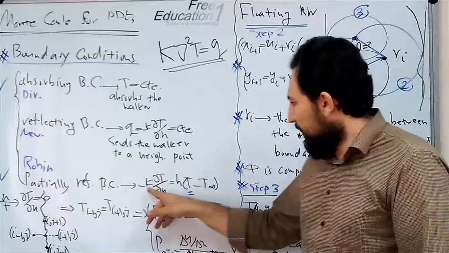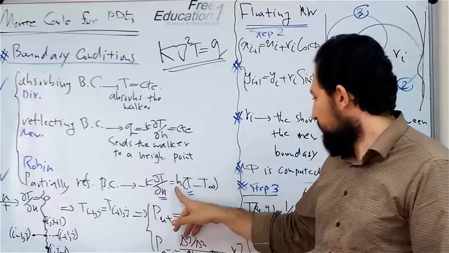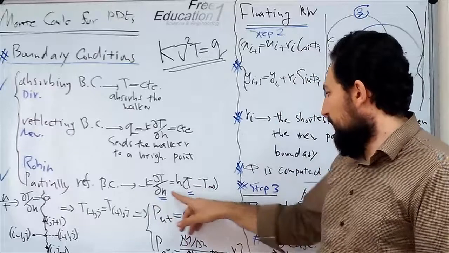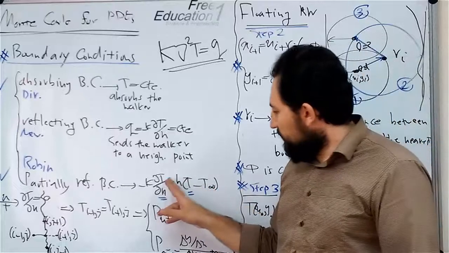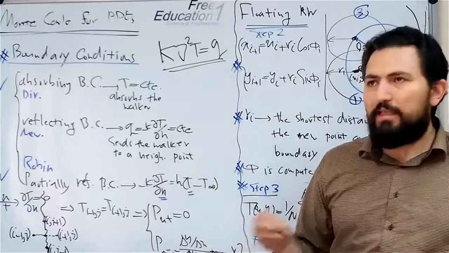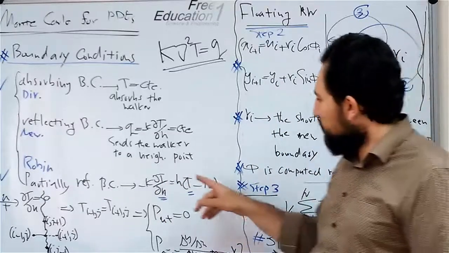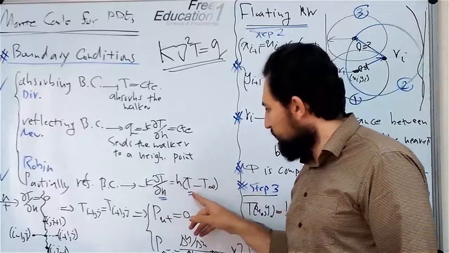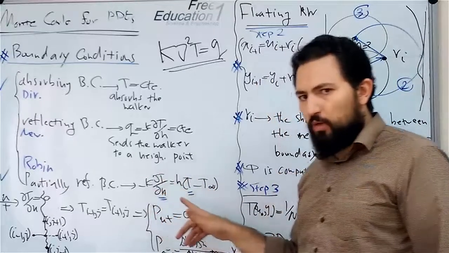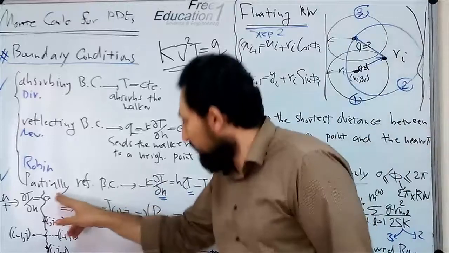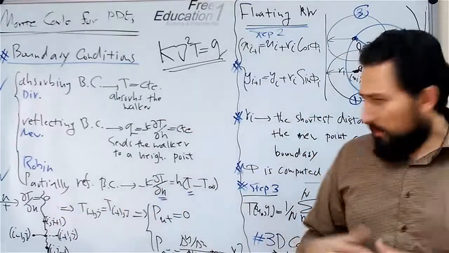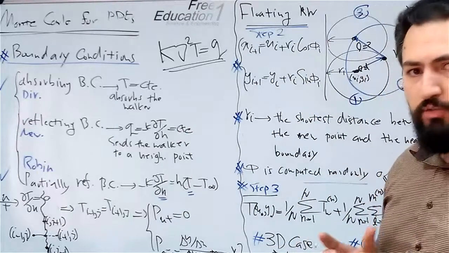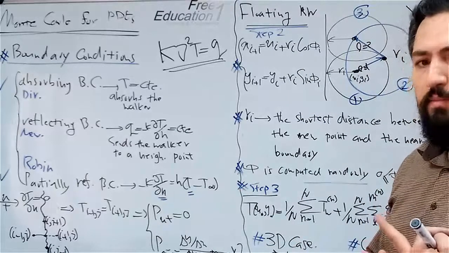So as you see here, we have K, h, and T sub infinity, and all of them are known parameters, and this equality constructs a relation between the magnitude of temperature and its derivative on the wall. So this is the partially reflecting boundary or the Robin type. But this was a brief introduction to three types of boundary conditions.